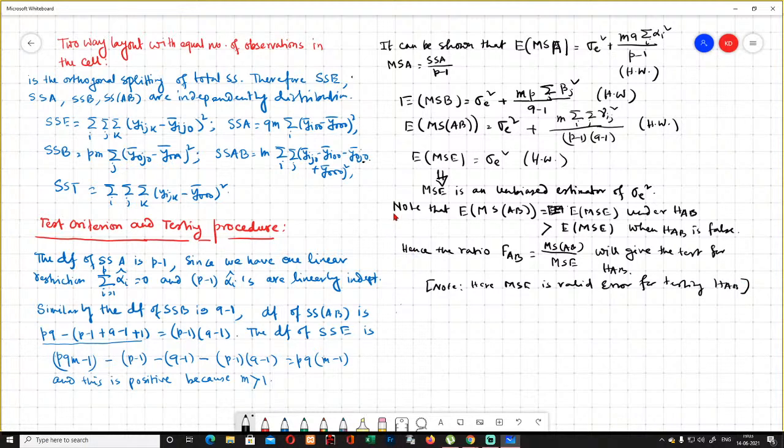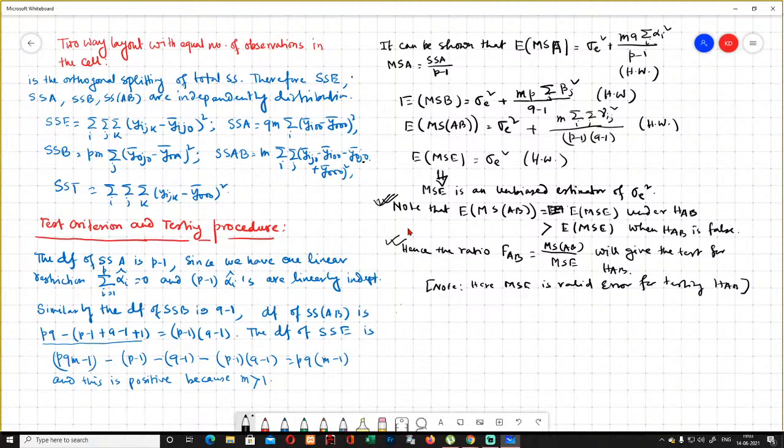So one thing you should note is that when you consider two-way ANOVA with more than one observation per cell, you should test interaction effect first. So if it is not present, then proceed further. Otherwise, you stop.